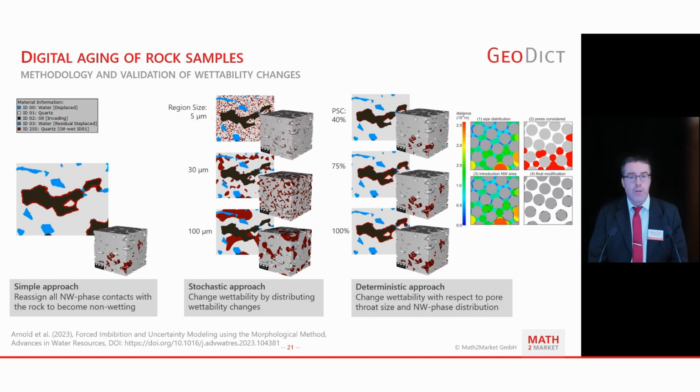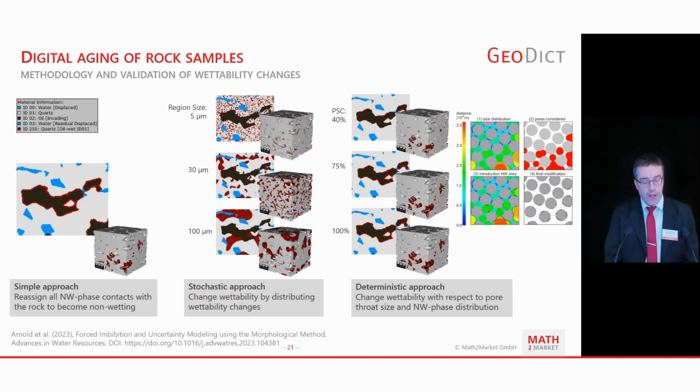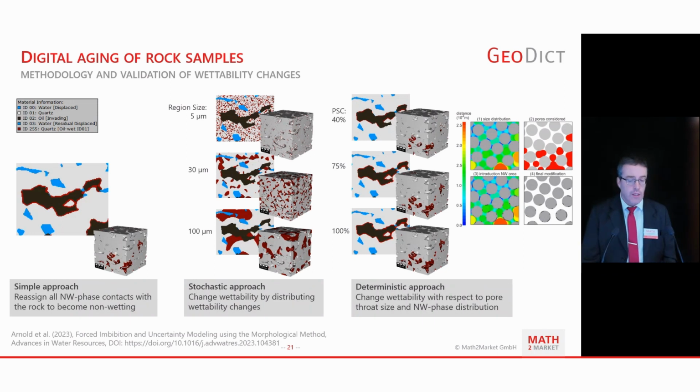The stochastic approach would then be, if you don't want to have this single case, the current state, to say, okay, it shall be a randomly distributed wettability change up to a certain degree. And of course, we have the deterministic approach to actually change the wettability with respect to the pore throat size and non-wetting phase distribution. Okay, so much for a lot of the GeoApps we have currently in GeoDict.